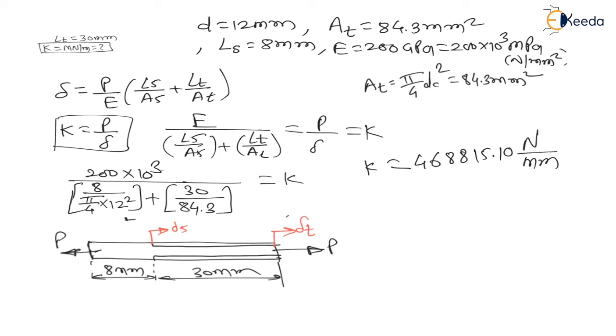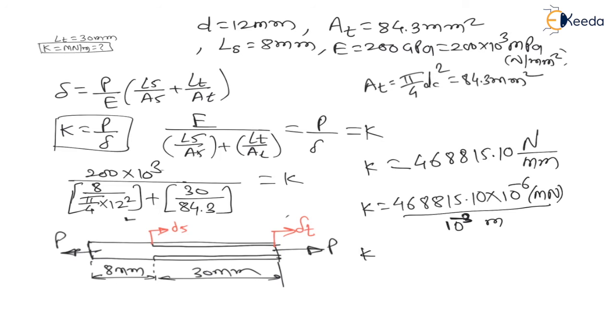Therefore K is equal to 46815.10 into 10 to the power minus 6 to convert Newton into mega Newton, and to convert mm into meter, 10 to the power 3 per meter. Therefore minus 6 and 3 combine, and 10 to the power minus 3 will remain.